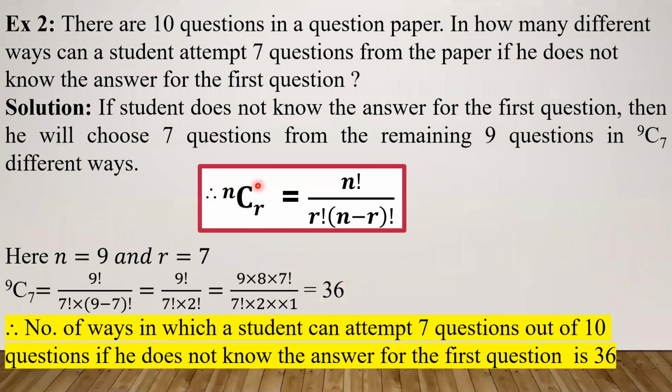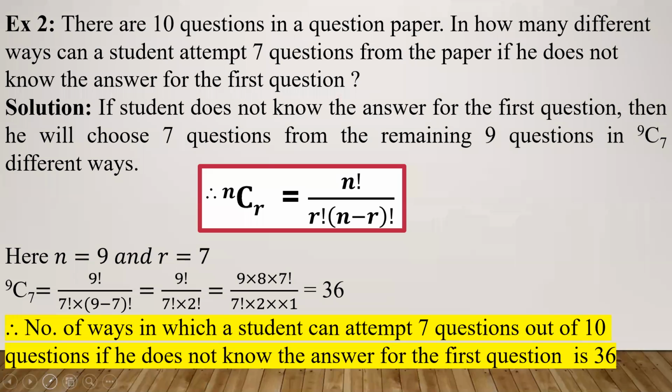Let us go to the next problem. There are 10 questions in a question paper. In how many different ways can a student attempt 7 questions from the paper if he does not know the answer of the first question? There are 10 questions in the question paper, and the student has to answer any 7.